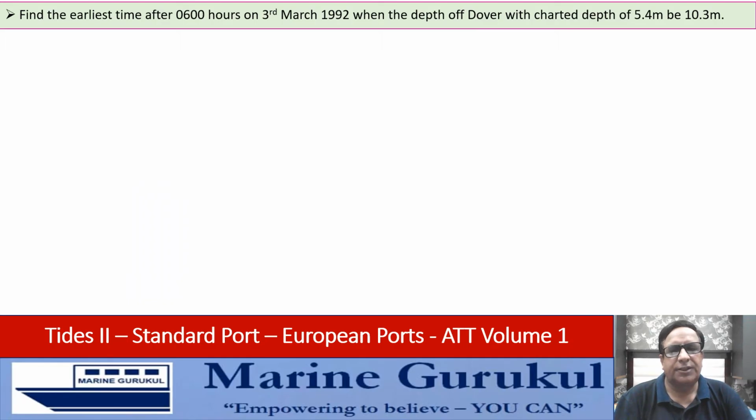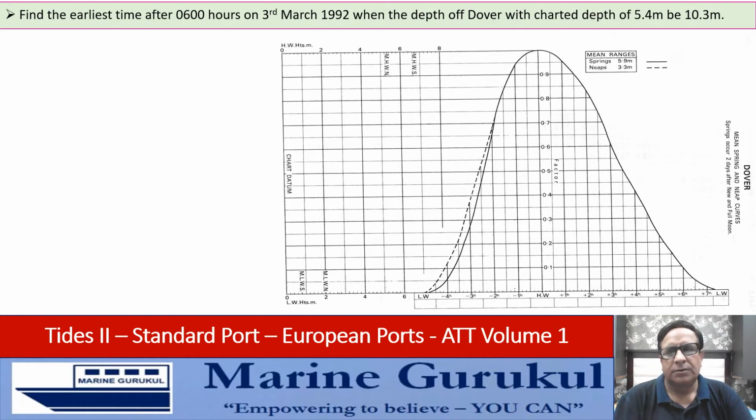Now in this case, we have this interpolation curve for the Port of Dover, and if you compare it with what we used for Antwerp, you can see the difference. It's clearly evident. Now the required depth is 10.3 meters as per the question. The charted depth at that point is 5.4 meters.